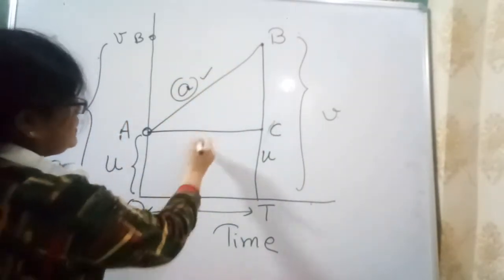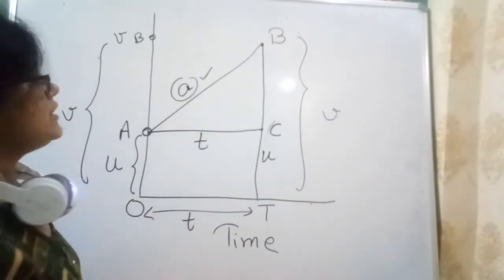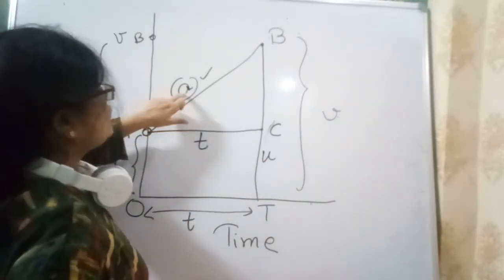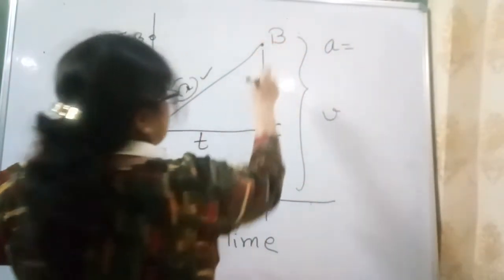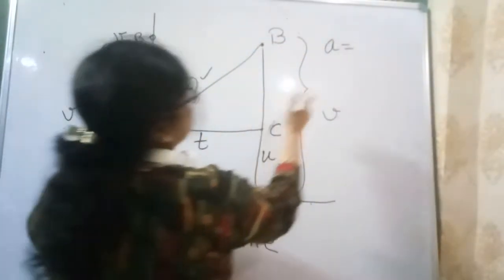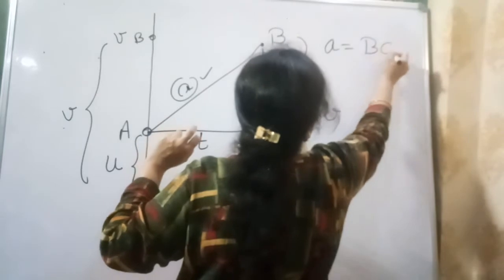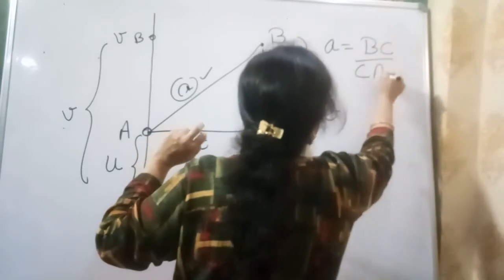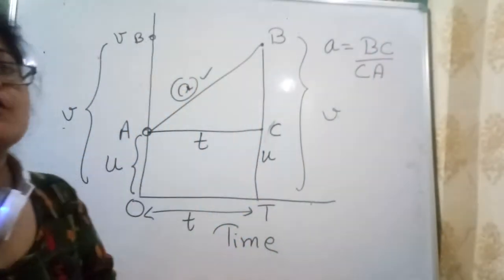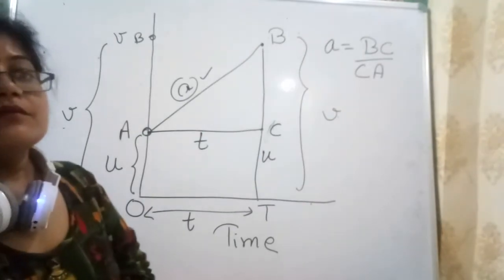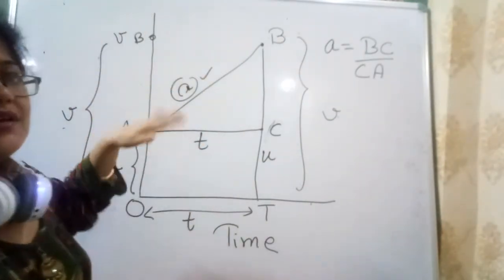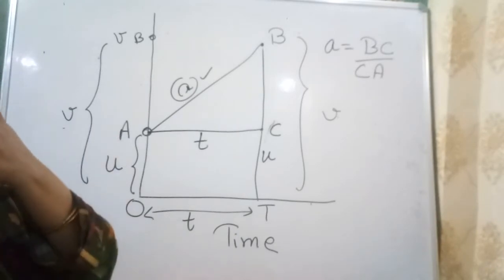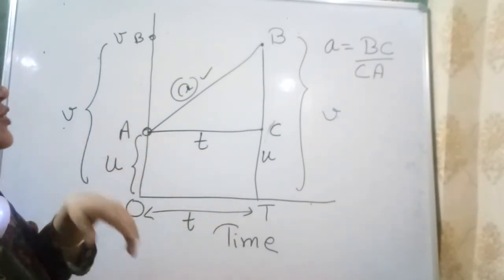Now this is T, then this is also T. Now we have to find A. A is equal to BC over CA. Actually, if you understand this one and the graph, then it is very easy to understand the remaining two.